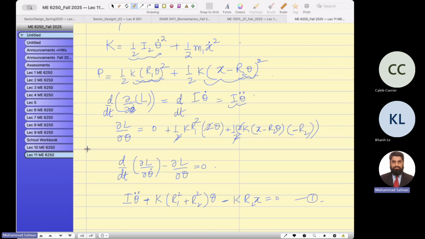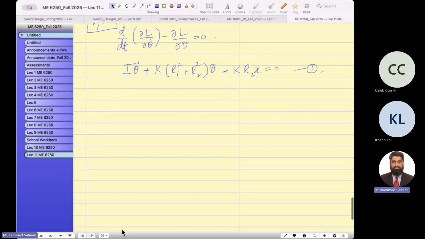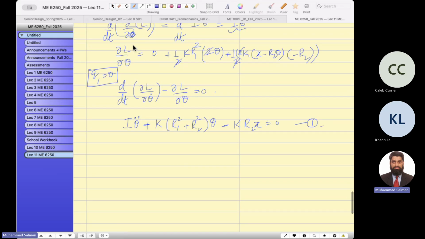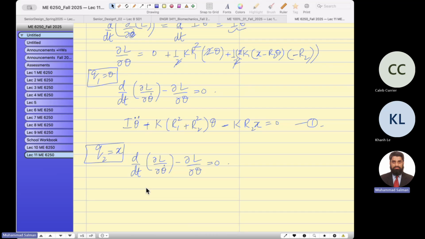When we consider q1 equals theta, this is our first generalized coordinate. So we can similarly do the math for the second one, which is q2 equals x. So let's do the same equation of motion here for Lagrange's method. I'm going to replace theta by x dot and x.